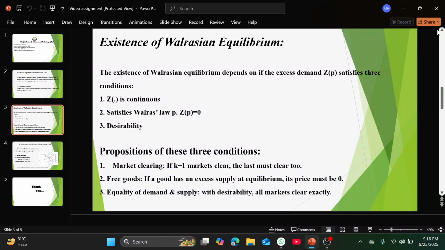There are several ways to do this, but a convenient normalization for our purpose is to replace the absolute price P bar with a normalized price Pi equal to P bar i divided by the summation of P bar j. This has the consequence that the normalized prices Pi must always sum up to 1. Hence we can restrict our attention to price vectors belonging to the K-1 unit simplex.